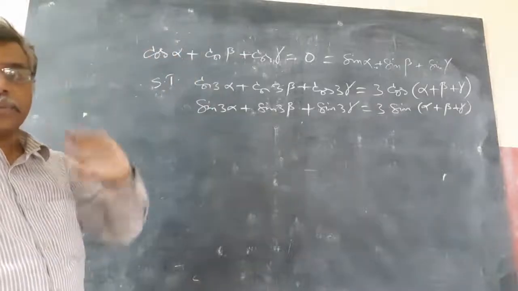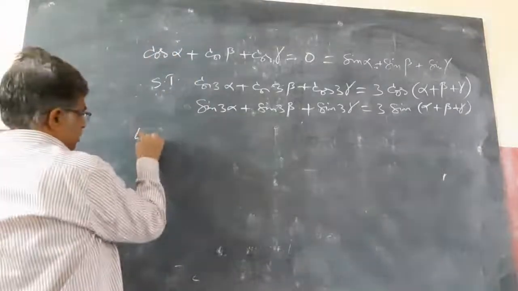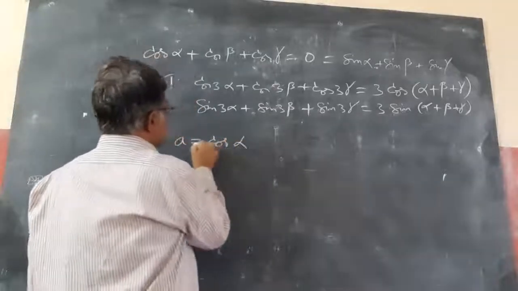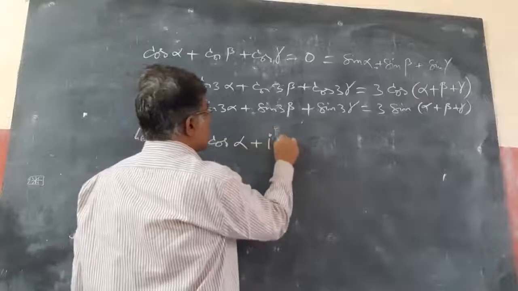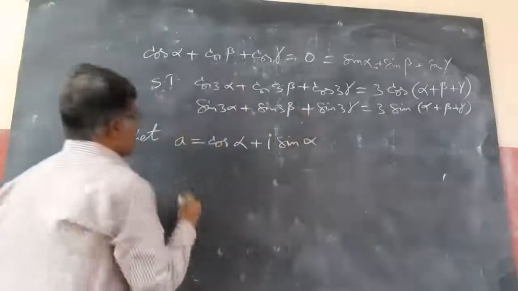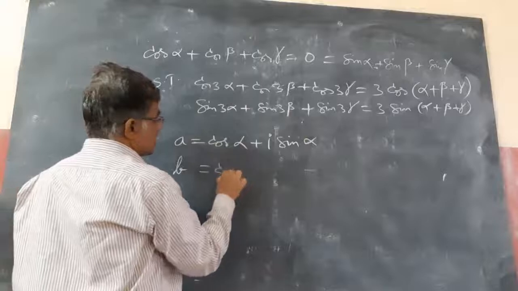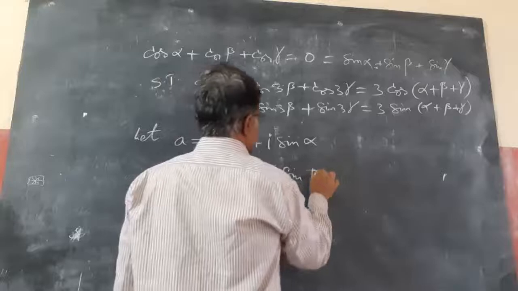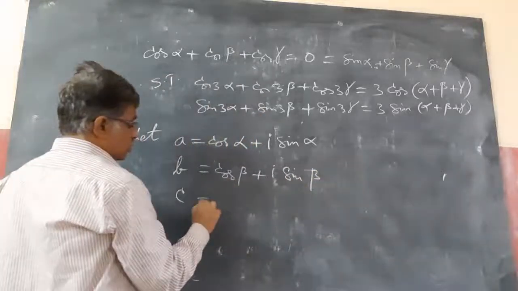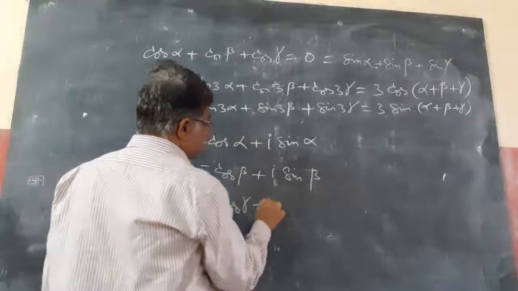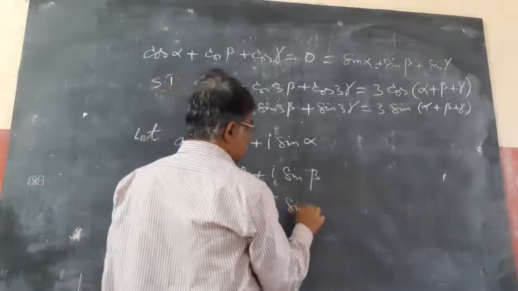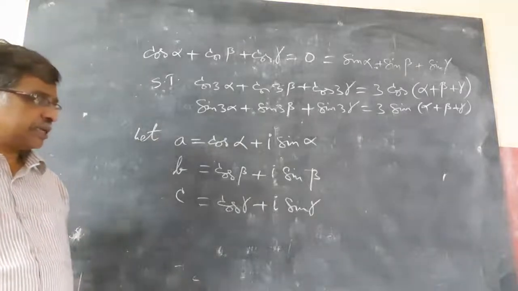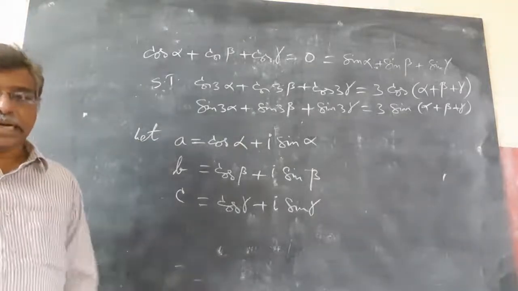We will take 3 complex numbers: let A equal to cos alpha plus i sin alpha, B equal to cos beta plus i sin beta, C equal to cos gamma plus i sin gamma.